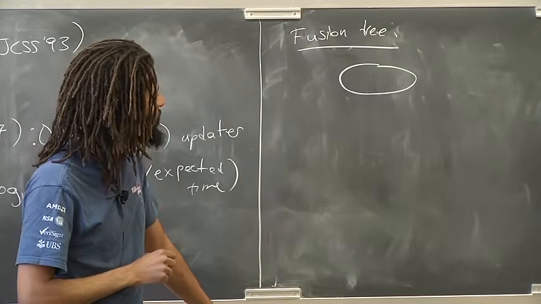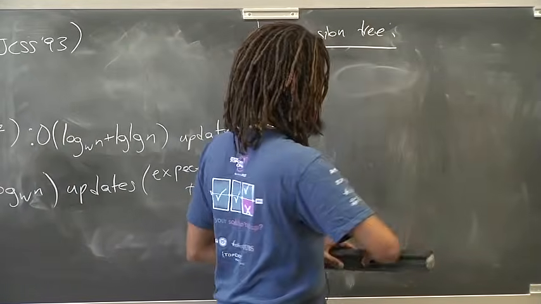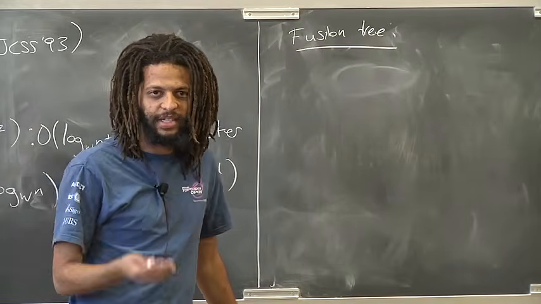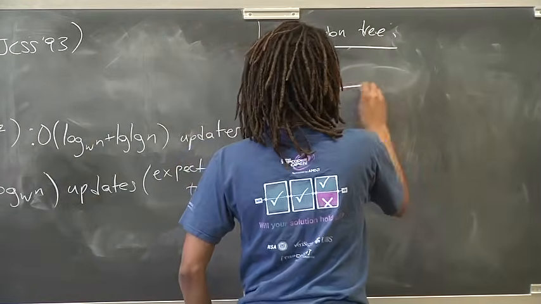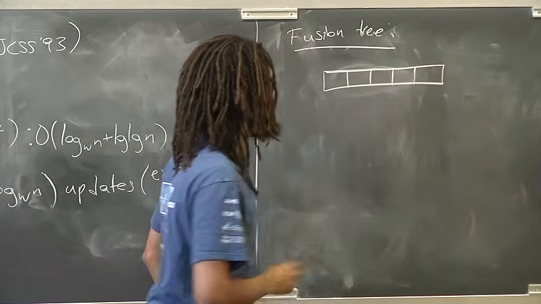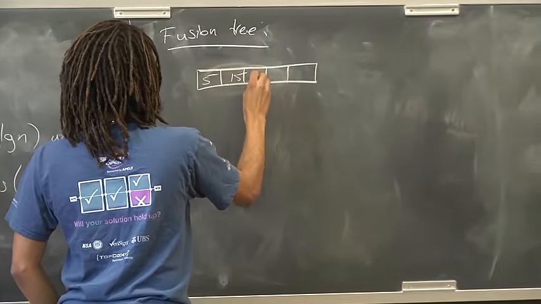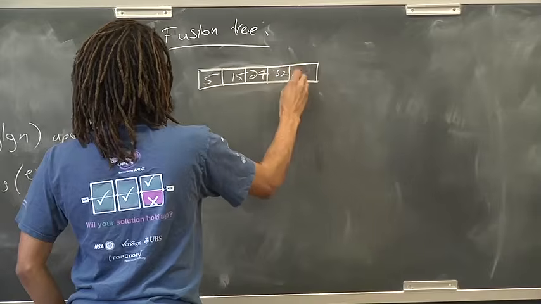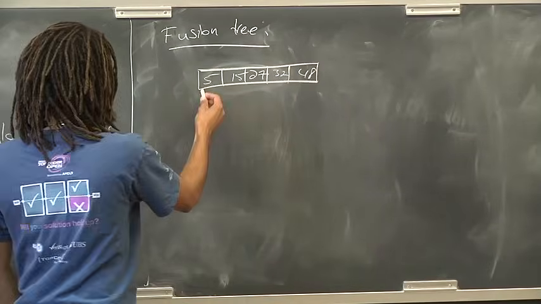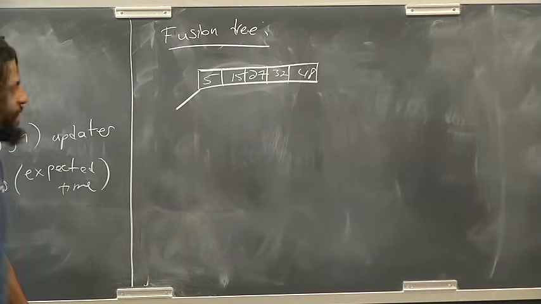So the basic idea is as follows. Every node is not going to have one key, but it's going to have, say, roughly k keys. So we might have 5, 15, 27, 32, and 48. These are sorted. Hanging off this is going to be a subtree of everything that has a key less than 5.